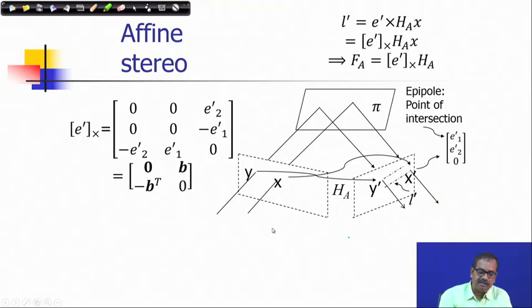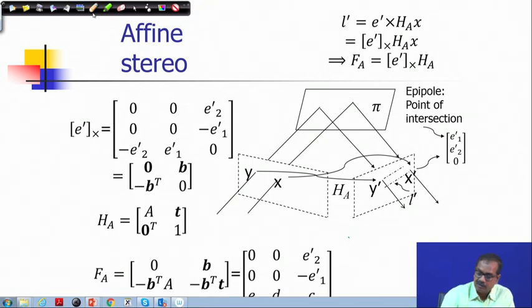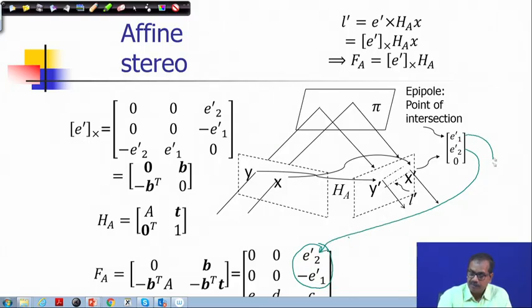You can see that E prime cross itself has this structure, and if I multiply with H_A, it would look like this. Particularly, you notice that the right epipole is given by this particular column. So, the values of the right epipole occur in this fashion. E2 prime comes here and E1 prime comes here.